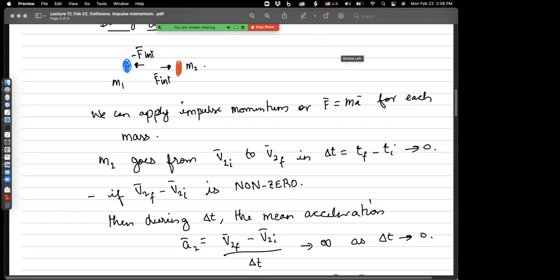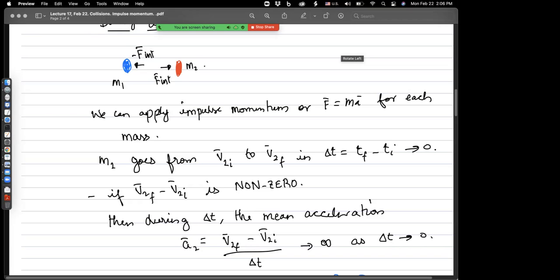So during delta t, when the two objects are in contact with each other, you can define this quantity, which is the average acceleration of, say, mass m2, which is final velocity minus initial velocity divided by time taken, okay? So final velocity minus initial velocity divided by time duration is the average or mean acceleration. And so the numerator is just some number or some vector.